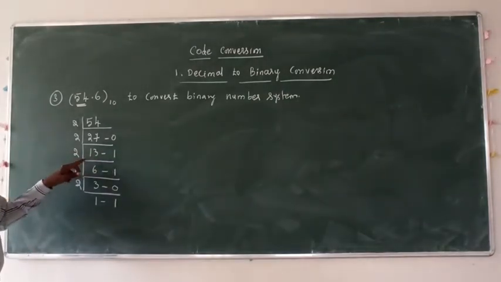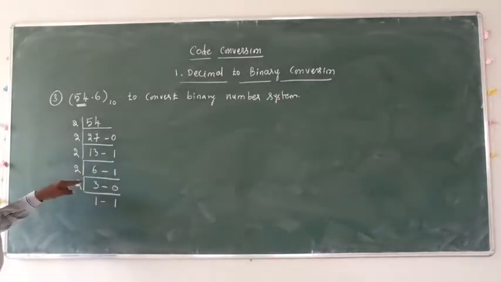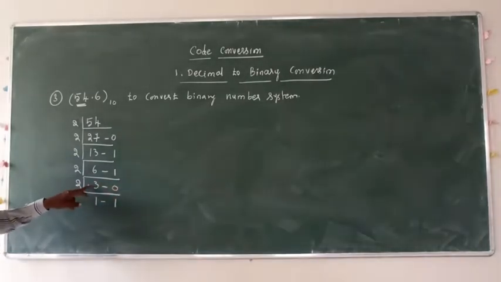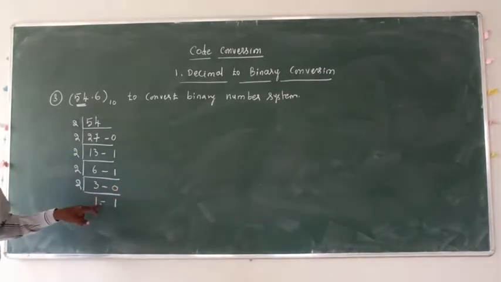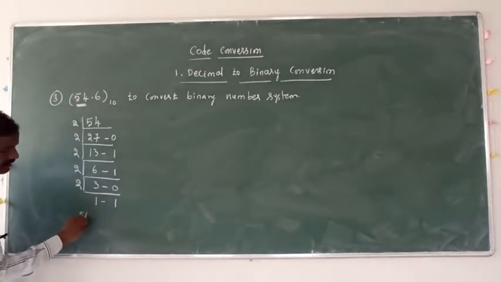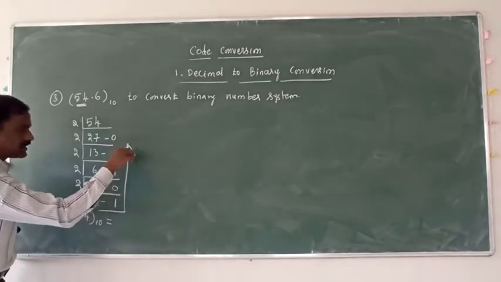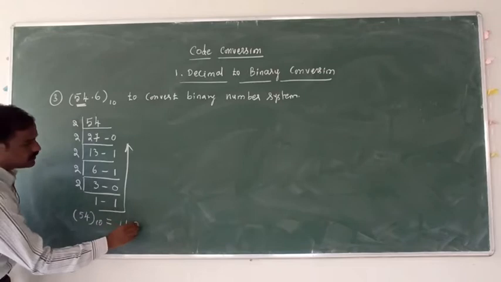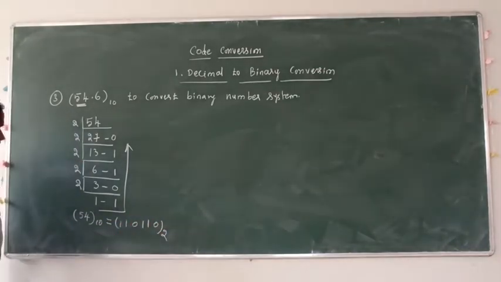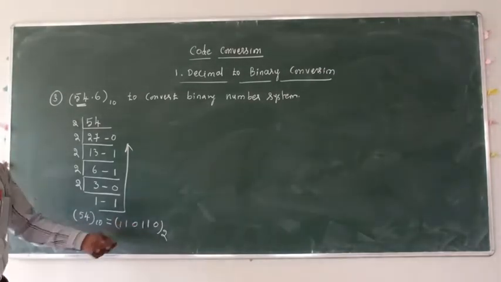Next 13 divided by 2 is 6 remainder 1, and 6 divided by 2 is 3 remainder 0, and 3 divided by 2 is 1 times and the remainder 1. Now 54 base 10 equal to, we write the result from down to top: 1 1 0 1 1 0. This is the decimal number 54 and its corresponding binary value.